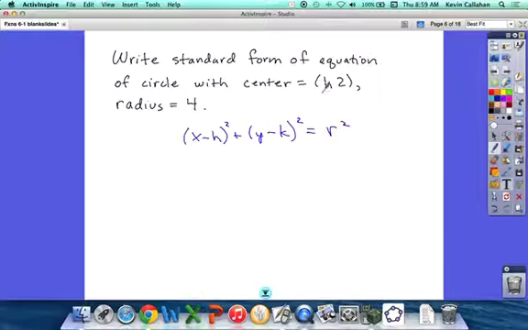This is the h, and this is the k, and this is the r. So plug in: (x minus 1) squared plus (y minus 2) squared equals 4 squared. That's just plugging in. Now, I would simplify the right. 4 squared is 16.